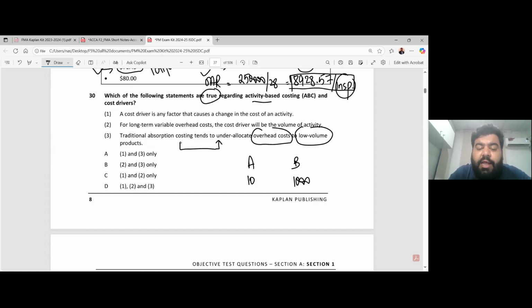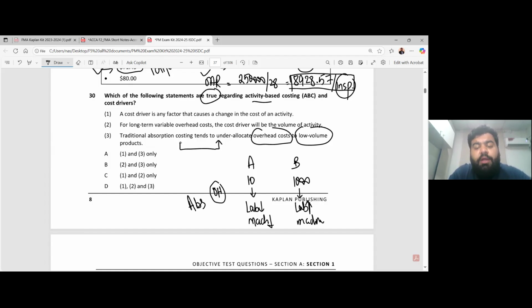So obviously in absorption costing, they don't see overheads with a specific basis like a certain number of setups, number of sessions. No, they just go to the labor hours, machine hours, or units. They take the basis directly units or directly labor hours, even if it's not the correct base. So obviously 10 units and 1000 units: the 10 units will use fewer labor hours and fewer machine hours, and more units will take more labor hours, more machine hours.